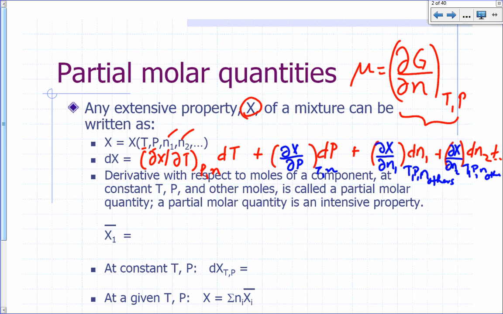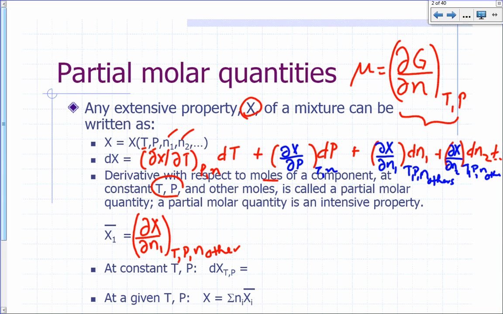All right, now, as I said, the partial derivative with respect to moles at constant temperature and pressure is called a partial molar quantity. It's a molar quantity if you're dealing with a pure substance, but when you're dealing with a mixture, it's called a partial molar quantity. So the partial molar X of component 1 would be the partial derivative of X with respect to moles of component 1, holding temperature and pressure constant and holding the number of moles of other components constant as well.